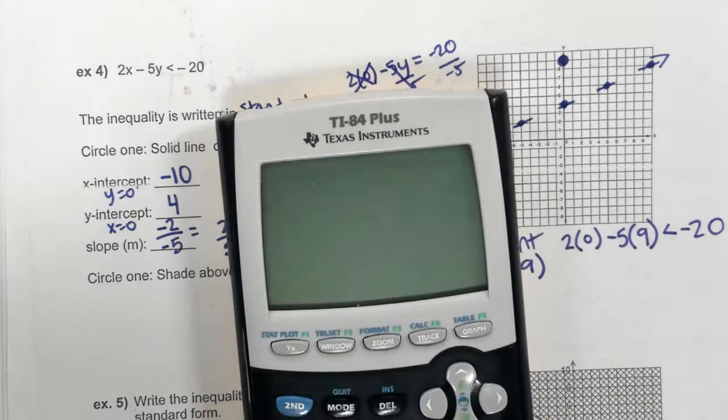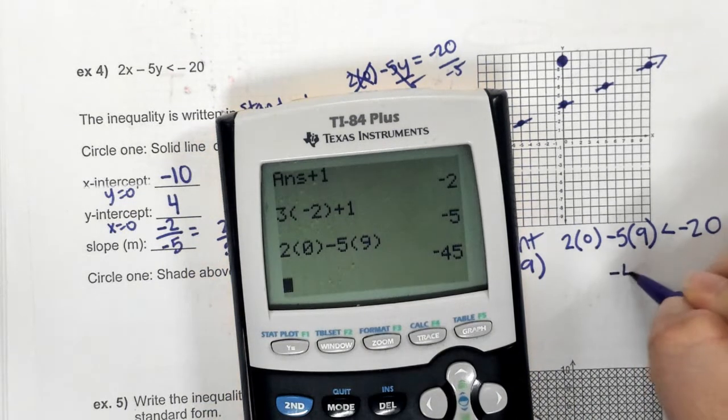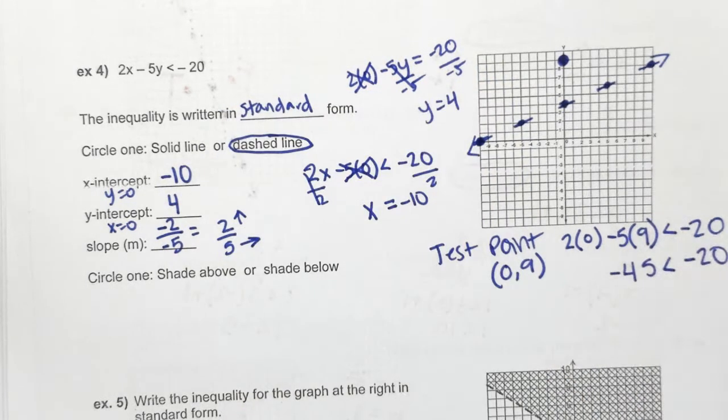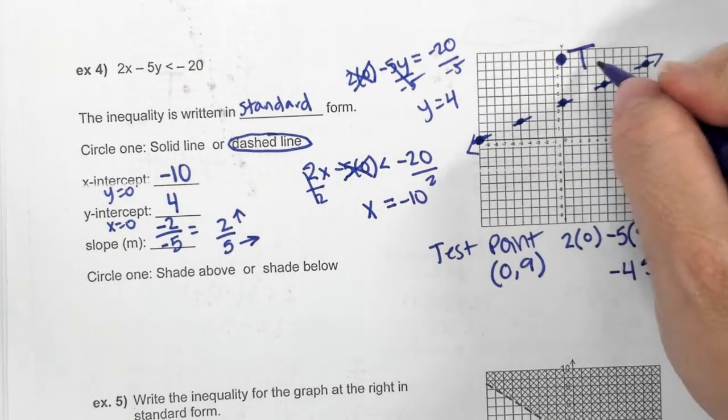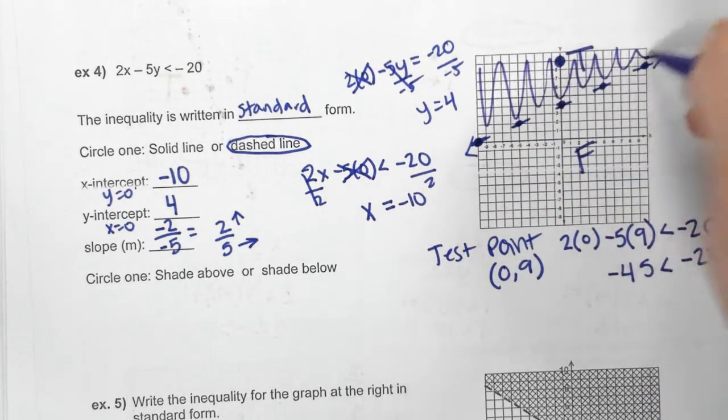And use your calculator. 2 times 0 minus 5 times 9. I get negative 45 is less than negative 20. True or false? True. So if this side is true, what's this side? False, so we're going to shade above.